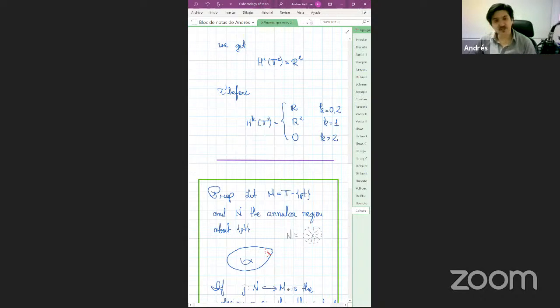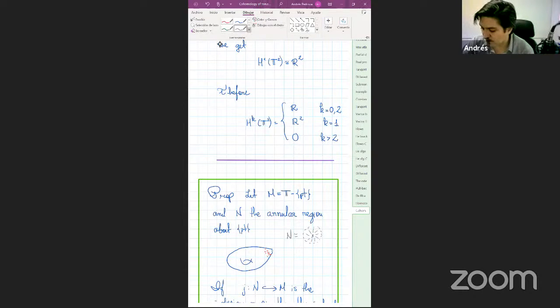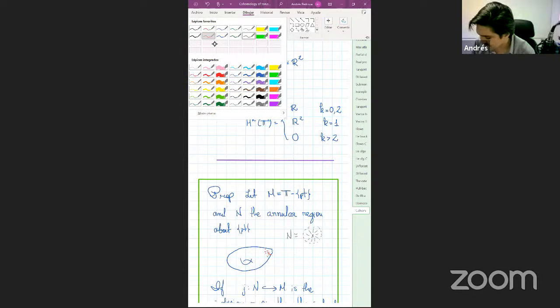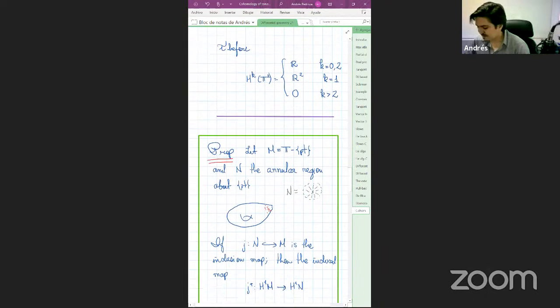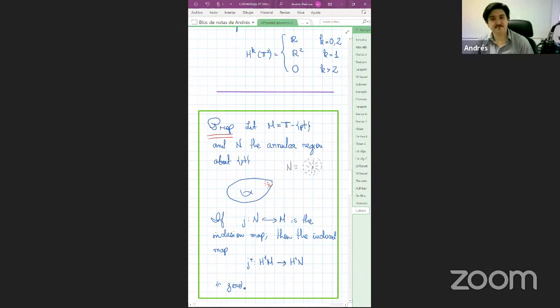So I have the inclusion here. And the proposition tells us that if we look at the induced map on degree 1 in cohomology, that map is 0.